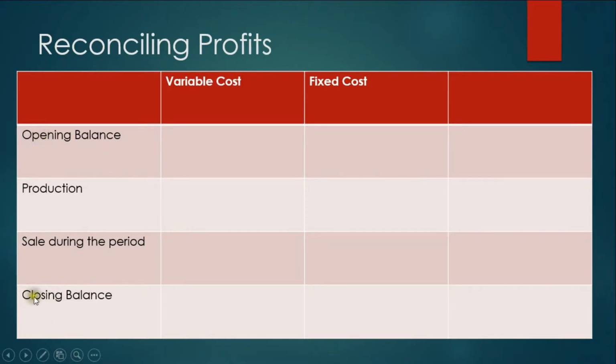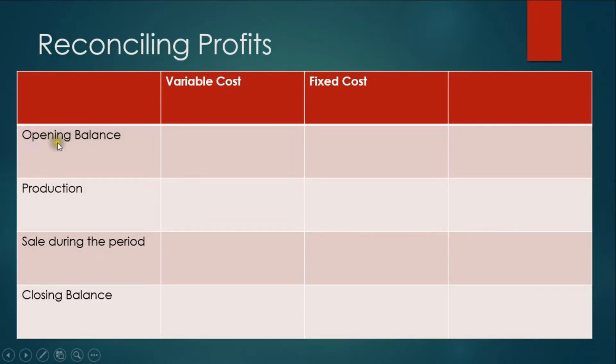So if closing balance is more than opening balance, then something happens. I just want to make it clear to you in different formats. So in what circumstances would my closing balance be higher than my opening balance?